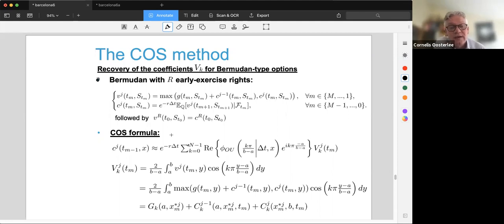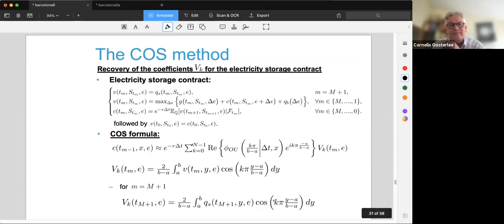So also here we will look at the maximum of these two, J minus 1 exercise rights and J exercise rights, times a cosine. And we can also work that out with a capital G, a capital C with J minus 1 exercise rights, and a capital C with J exercise rights.